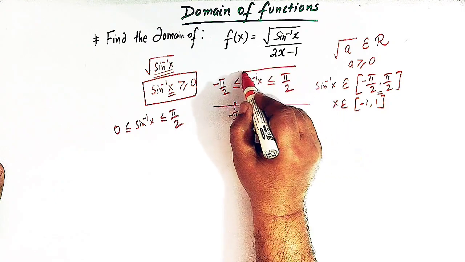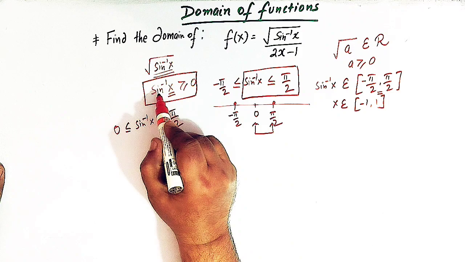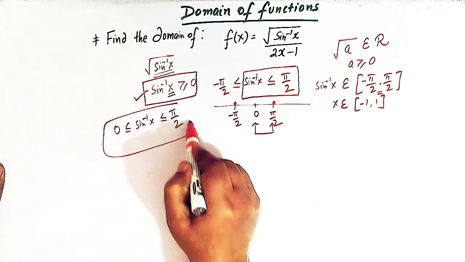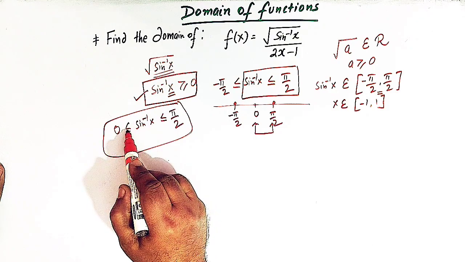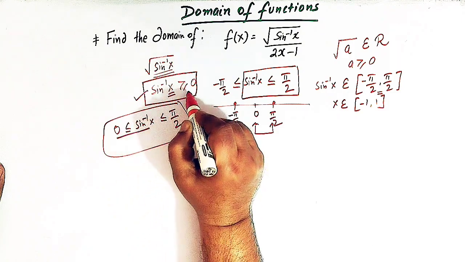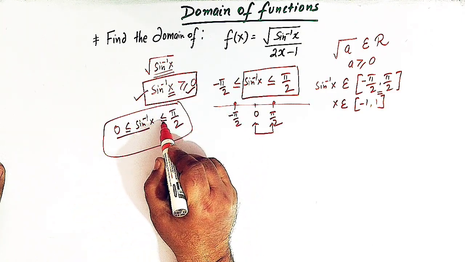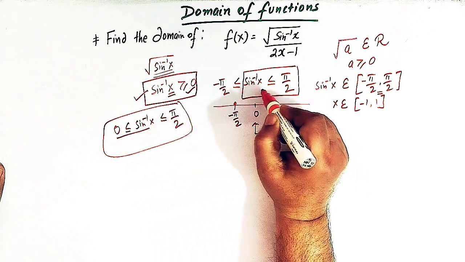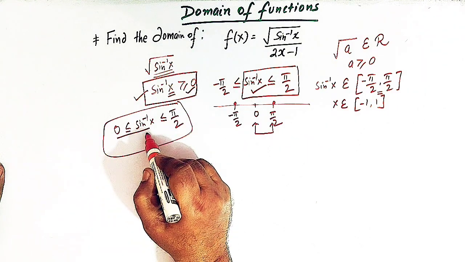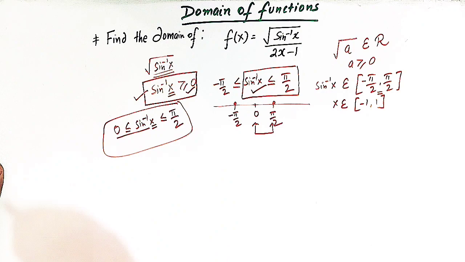So we have to merge this part of the inequality with this one to get this inequality, that is sine inverse x is greater than or equal to 0, which is our this inequality, and sine inverse x must be less than or equal to pi by 2, which is our this inequality, right? So now we have to find the value of this x from this inequality.